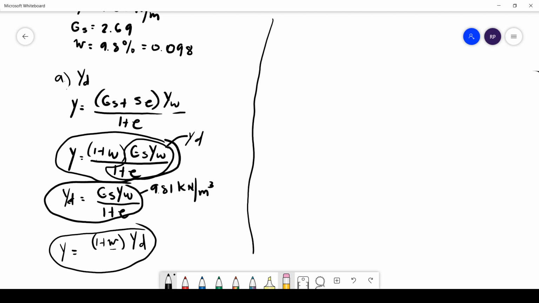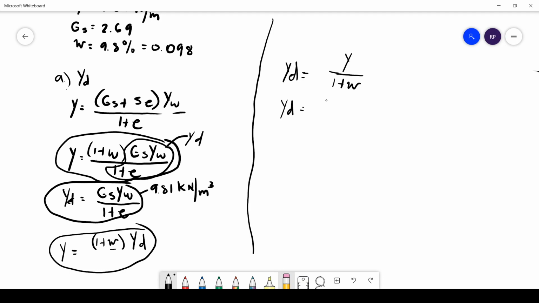So now, we can finally solve your dry unit weight. Coming from that equation we derived, transpose lang tayo. So, we would have our final equation, which is gamma D equals gamma all over 1 plus W. And then, we use our given.